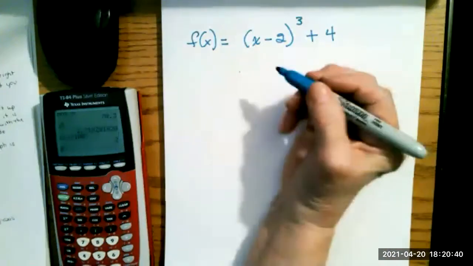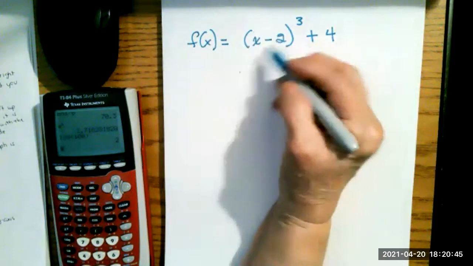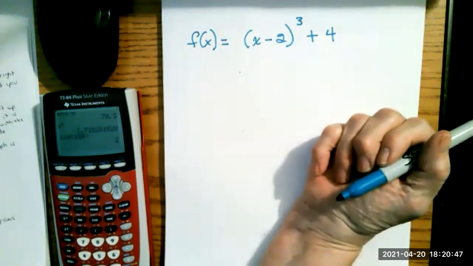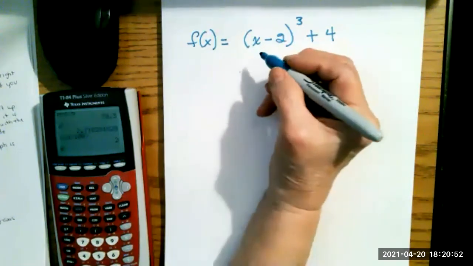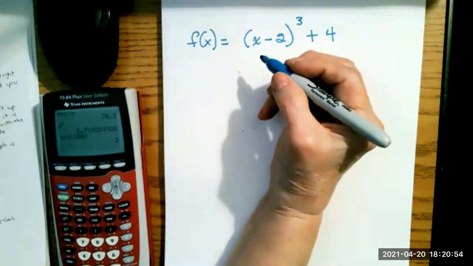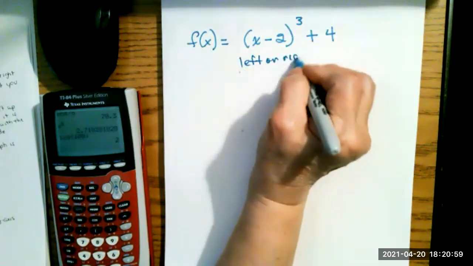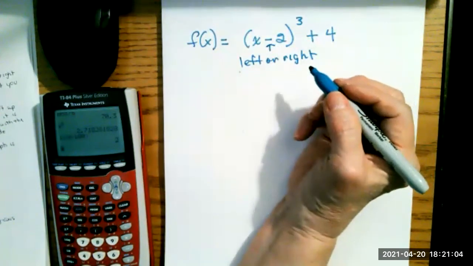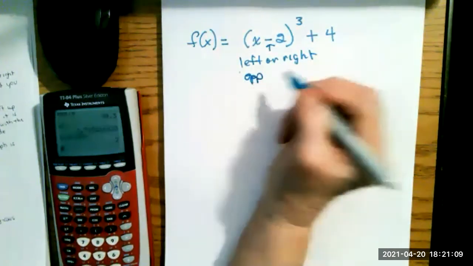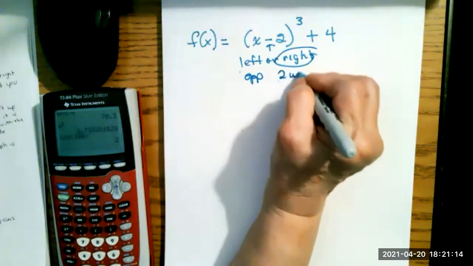What kind of shift was that before when we did this? If it was inside the parentheses, left or right? And in this case, since it's minus 2, which one is it going to be? It's going to shift to the right. It's opposite of what you think. So it's going to shift to the right 2 units.